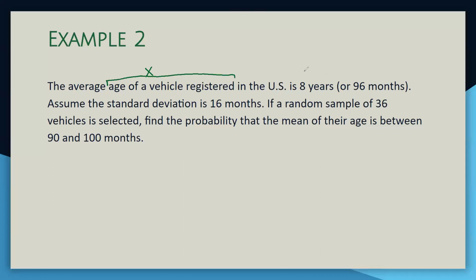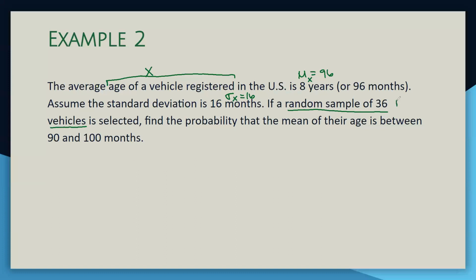And that the average, mu, is 8 years or 96 months. It says, then assume the standard deviation is 16 months. So this is the standard deviation of the raw data. And then they say, if a random sample of 36 vehicles is selected.